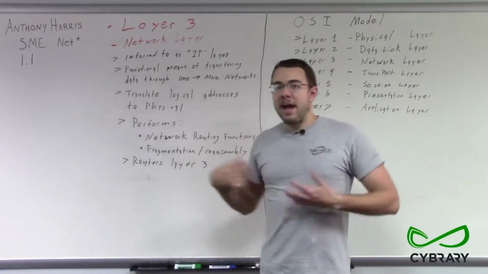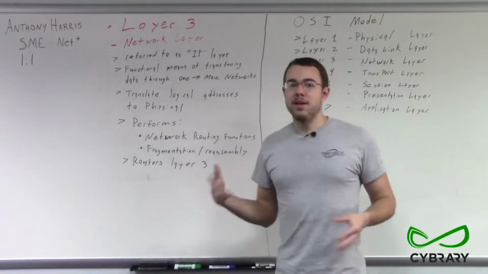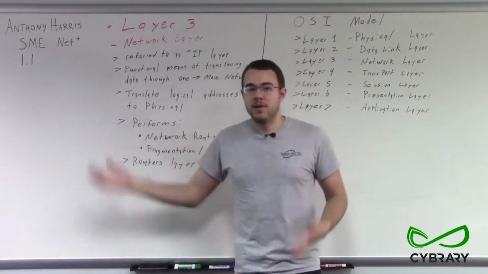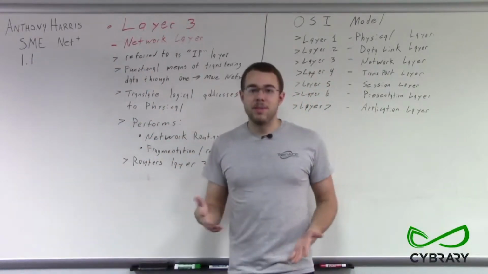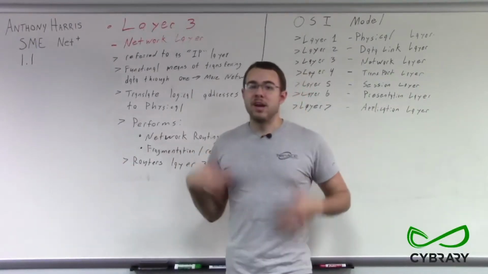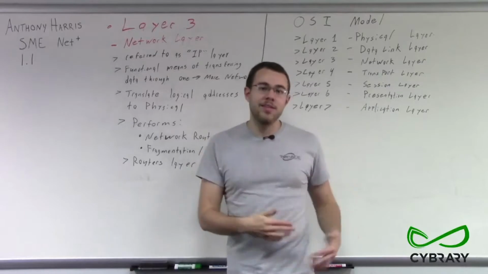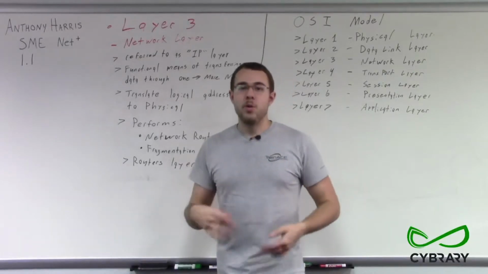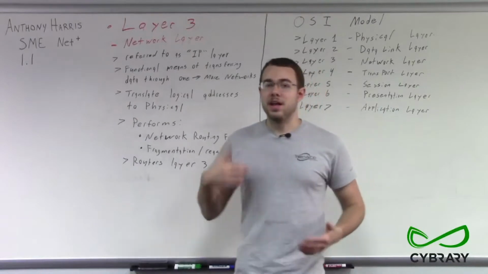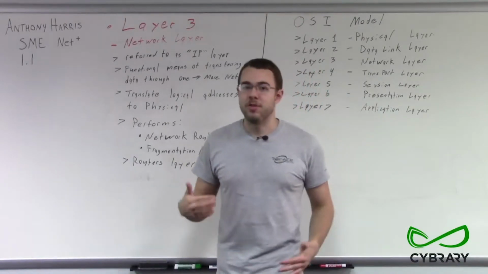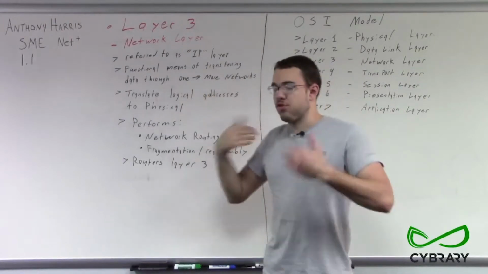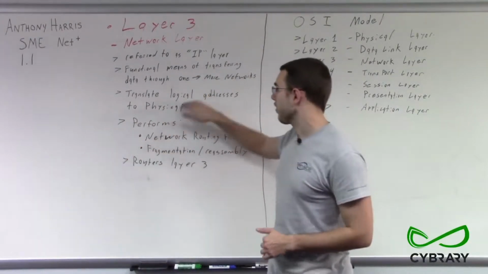If we have a MAC address and we're trying to transmit data to a computer on a different network, a computer in a different subnet, we can't transmit data to that computer by its MAC address. We need to use an IP address because between us and the computer on that other network, we have to go through a router, and a router needs to have an IP address that it can use in order to transmit information. So this layer 3 is going to be where we're transmitting our data into different networks.